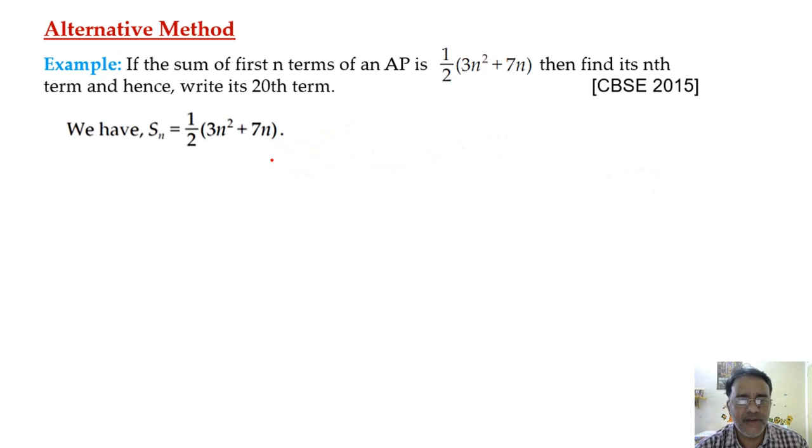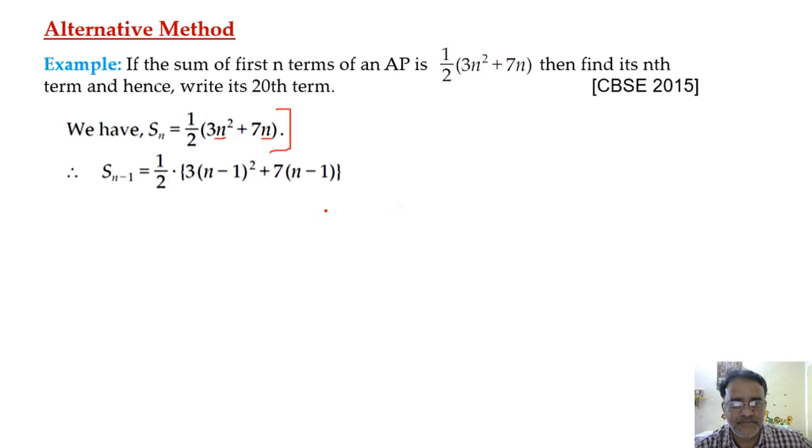Look, first Sn is given, this one, and how will you find Sn minus 1? By simply substituting the value of n as n minus 1. In place of n, you just write n minus 1. Now open this bracket. If you open and simplify, you will get 3n square plus n minus 4.